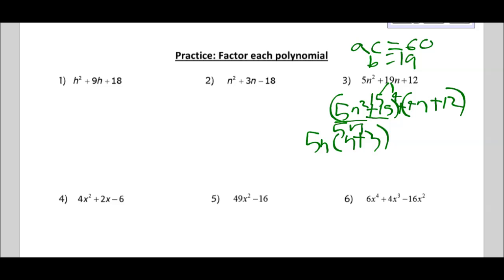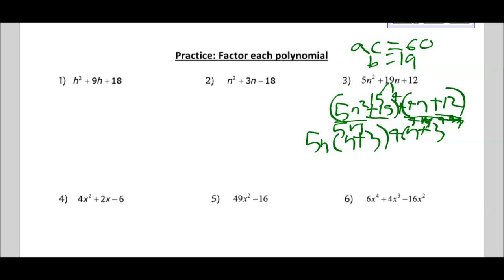And then you do that on the other side. So then you have n plus 3 on both sides.